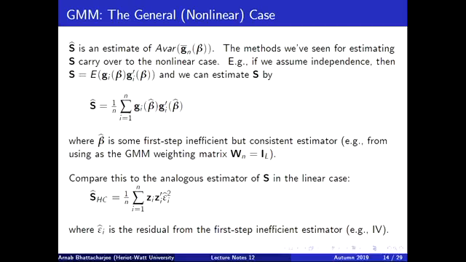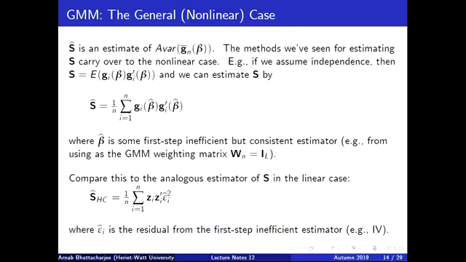That is an estimate of the asymptotic variance of these nonlinear moment conditions. And other than these, the methods that we have looked at so far just carry through. Simple. The S hat is going to be just like this. So you have to take a derivative. That's it.